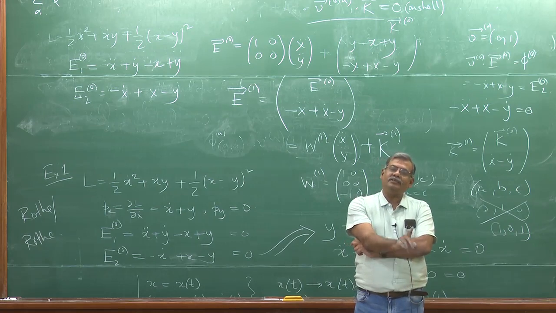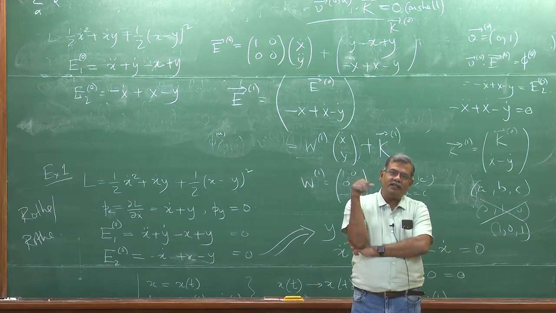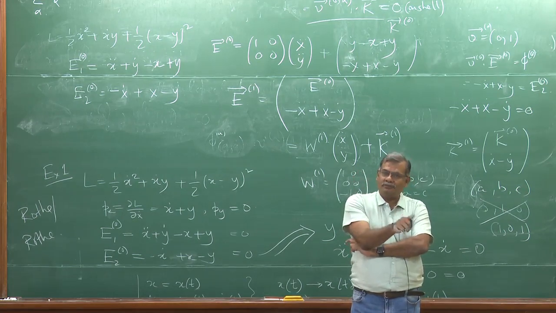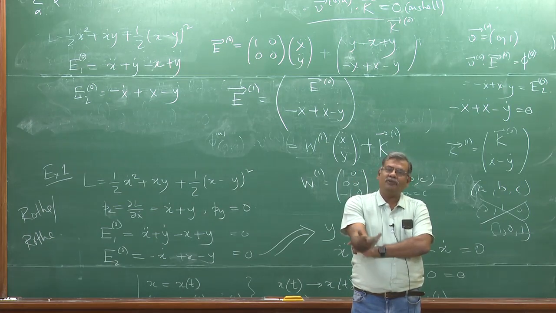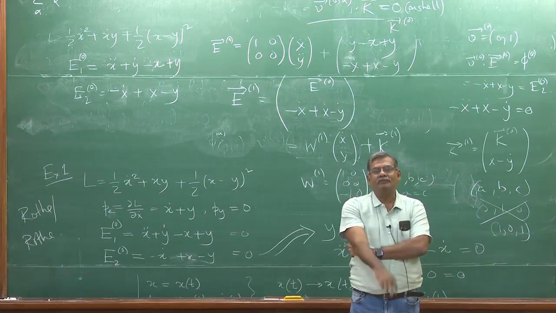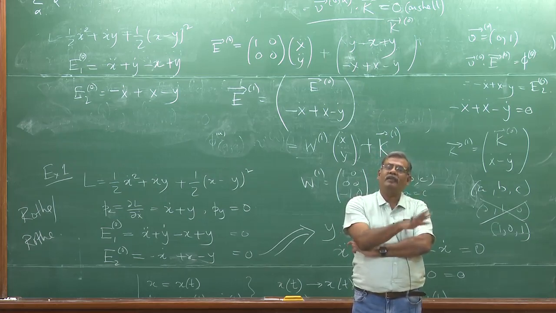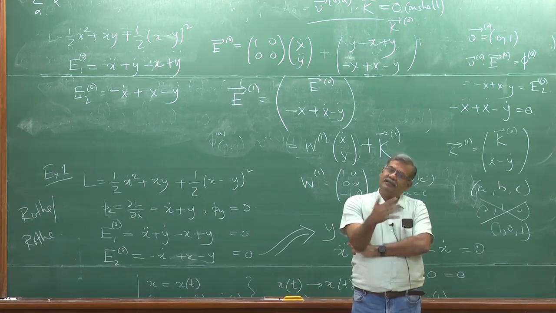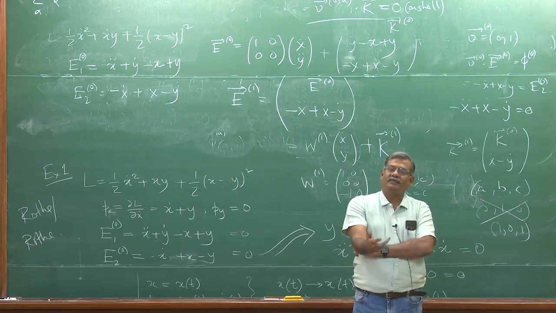What does it really tell you? That E2, 0 minus E3, 0 is 0. If you look back at your original variation in the action, you take delta Q1 equal to minus delta Q2 equal to minus delta Q3, then E2, 0 minus E3, 0 into delta Q will come out, and E2, 0 minus E3, 0 is 0, so that will give you gauge symmetry. So, at any given stage, if you have combinations of constraints which vanish identically, they will vanish everywhere, off shell as well, and you will get a gauge symmetry.